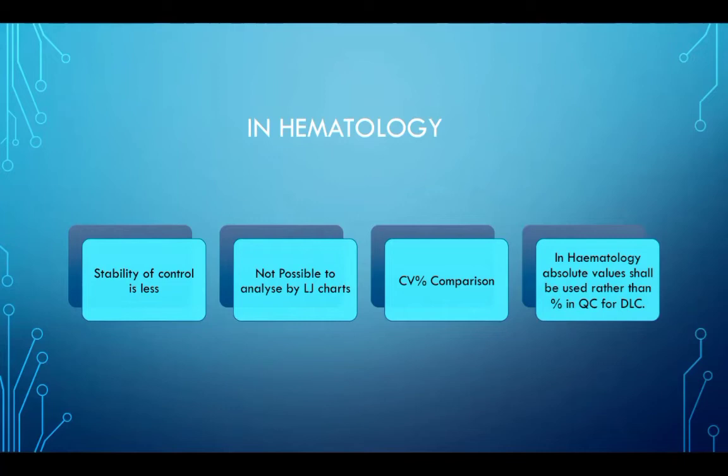Because generally what happens, most of the time laboratories calculate mean and SD based on 21 days data, and then they use the same mean and SD to plot the Levey-Jennings chart of the same data from which they have calculated mean and SD.